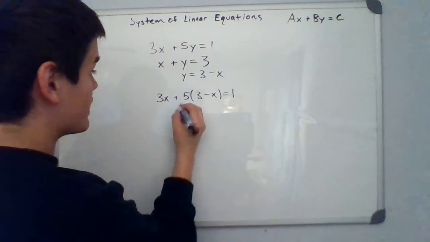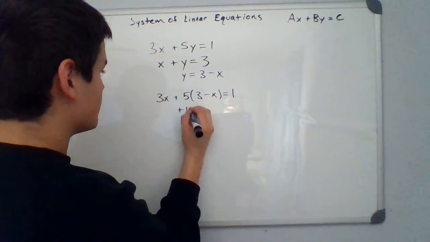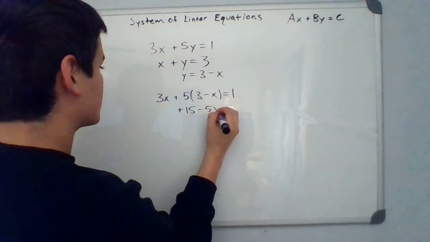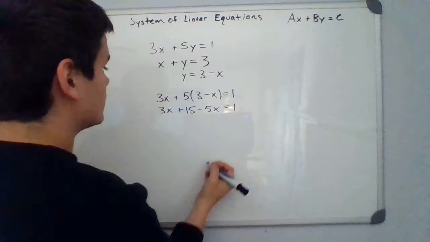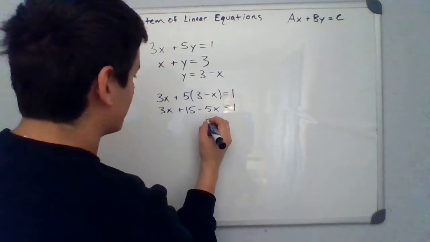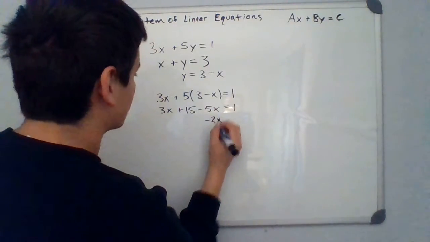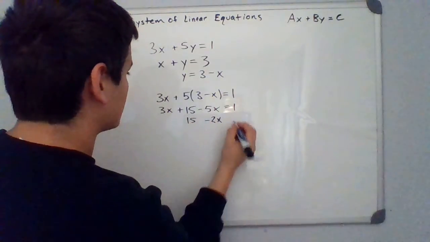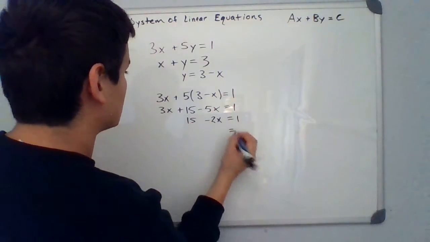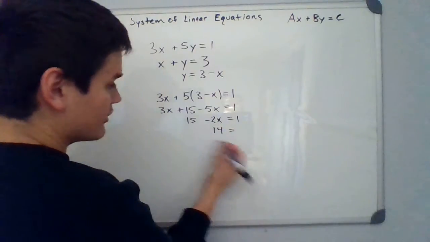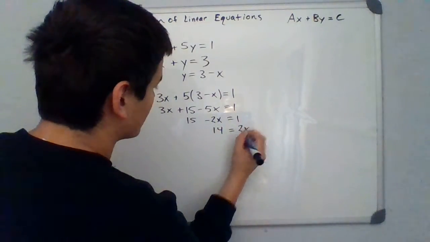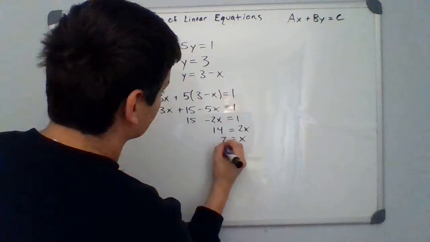Now I can just solve for x. I'll have 3x + 15 - 5x = 1, or negative 2x here: 15 - 2x = 1. I'll subtract 1 from both sides and add 2x to both sides, and we have x = 7.